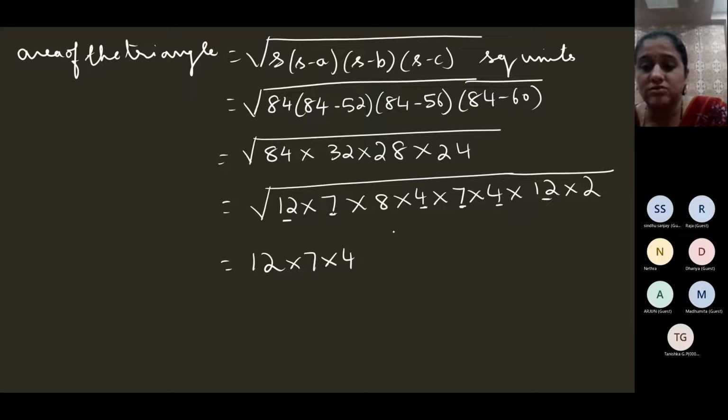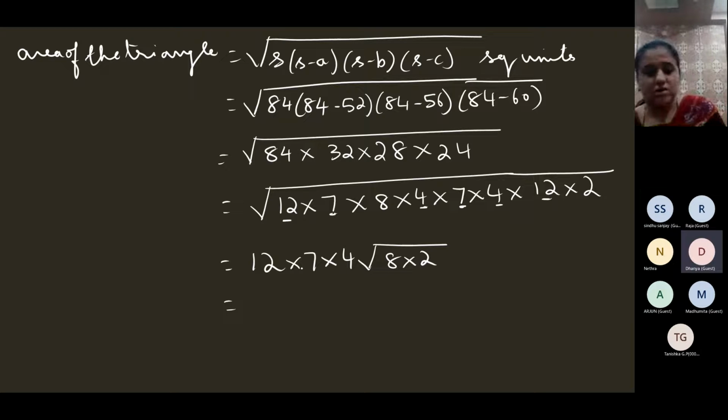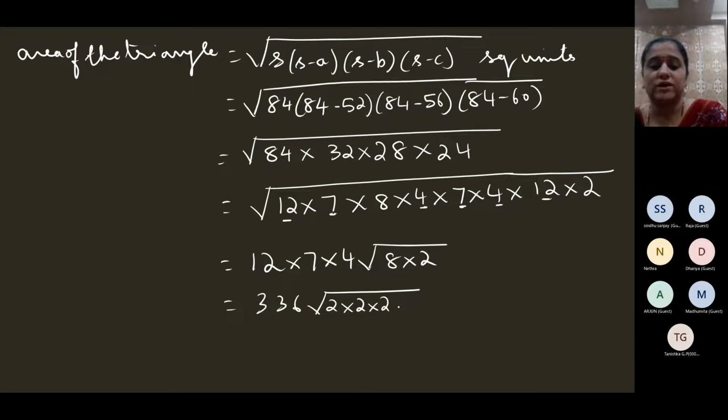And what else is remaining? 8 and 2, right? So you can further break that down. Ma'am, actually 8 we can write as 2 into 2 into 2. Yeah, that's what I'm going to do next.